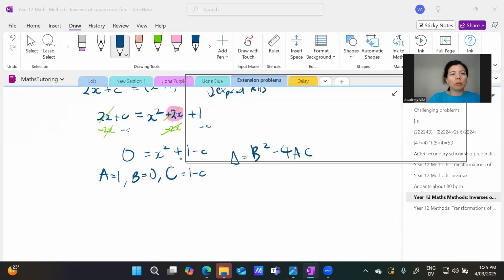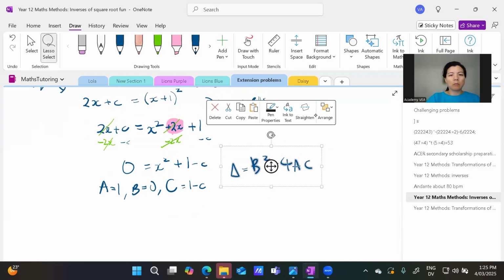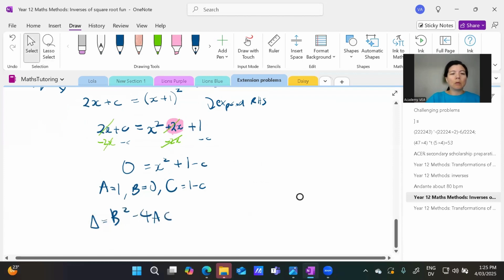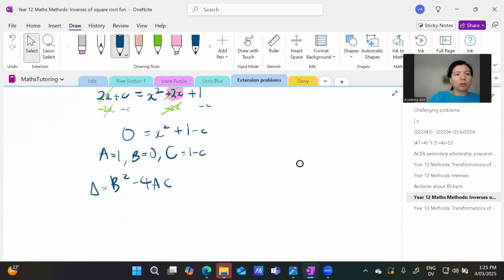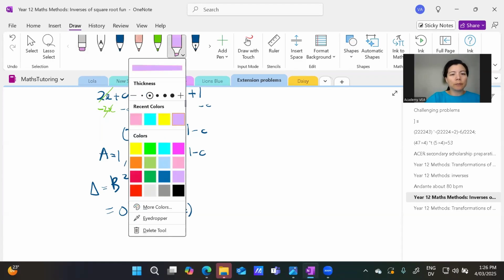I should probably put that up here. Let's do that. And so our discriminant is 0 squared minus 4 times 1 times (1 minus c). And for reference, I'm going to highlight all the A's with one color.